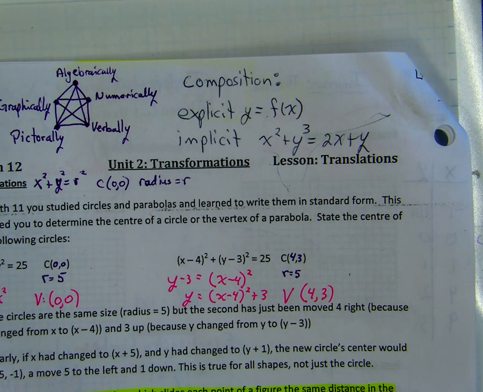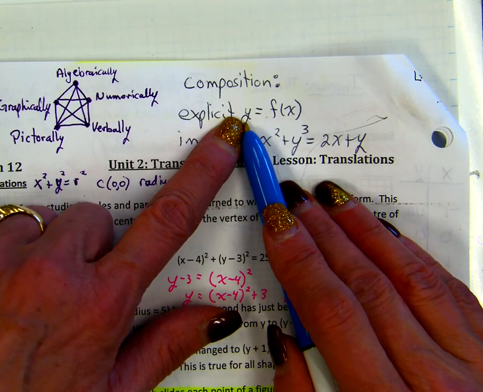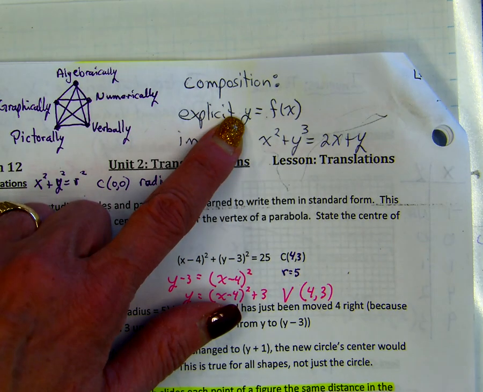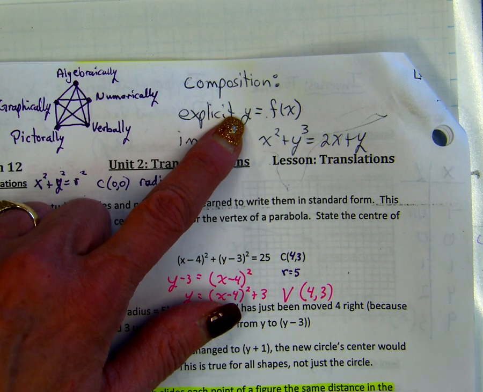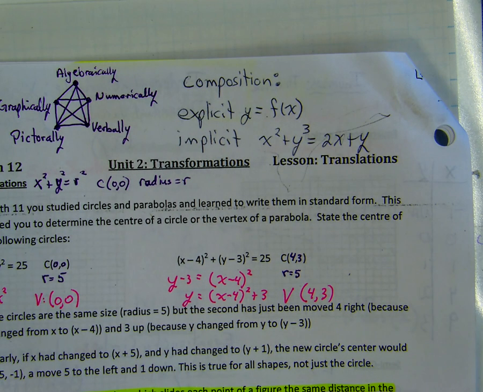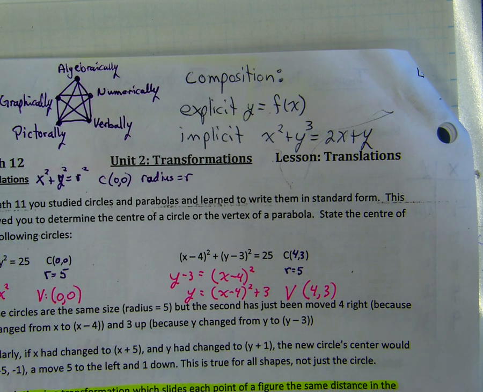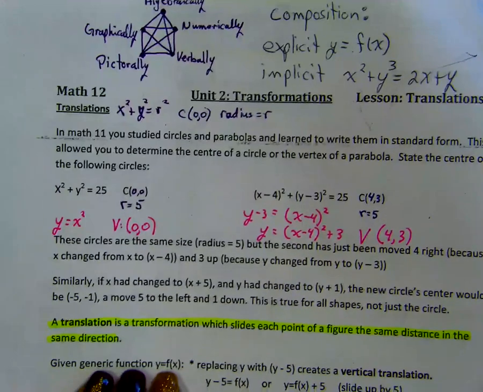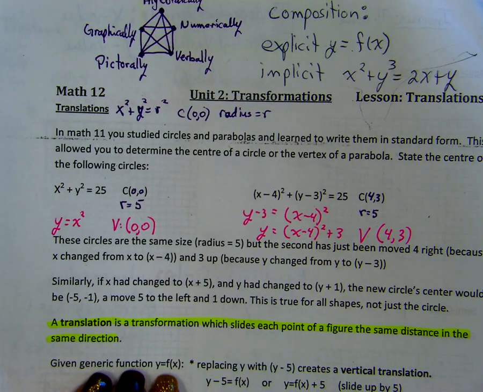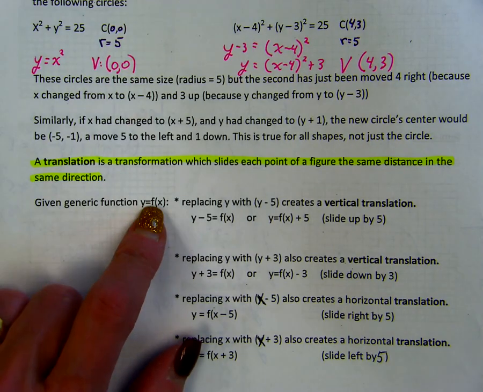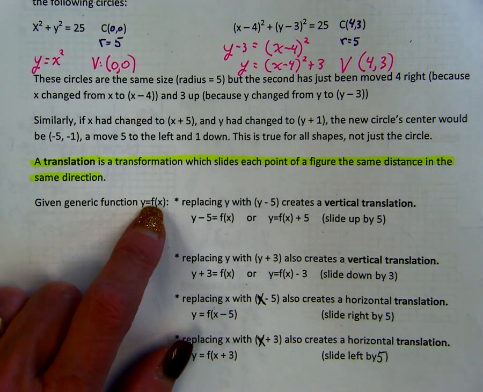That's implicit because I can't just get y all by itself on one side and all the x's on the other. Okay, so we're going to keep talking not about y equals anymore, but f of x equals. So remember always that y is just the function at x. When you graph it, it's the y value that comes out.